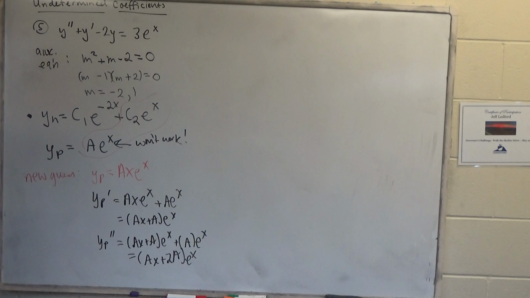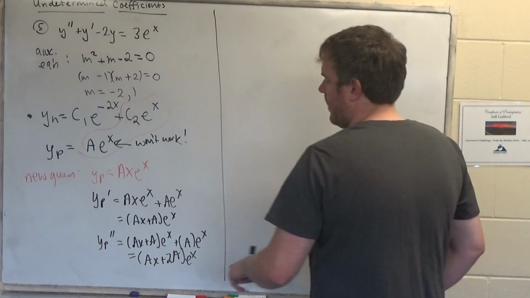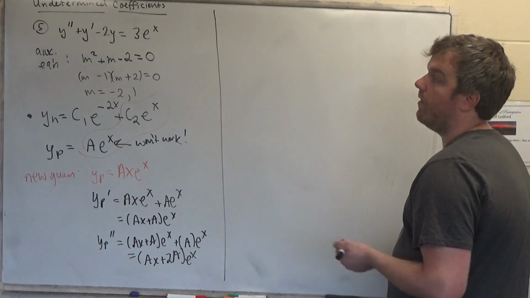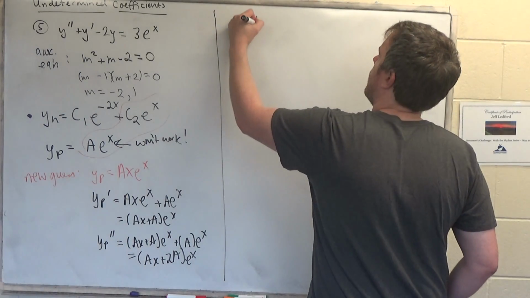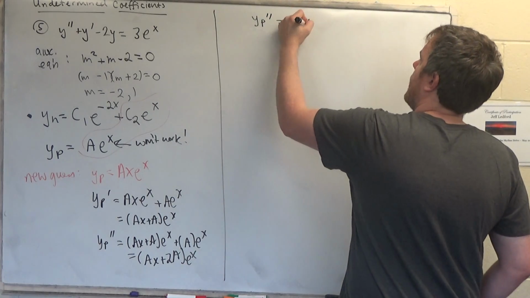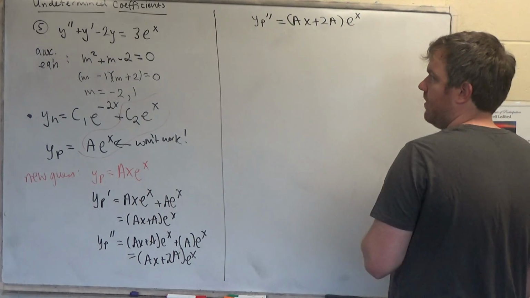So now that I have my derivatives of the guess, I'm just going to once again plug it back in to the differential equation and generate equations for, in this case, just a. So we should get one equation with one unknown. Yp double prime is (ax plus 2a) e to the x.